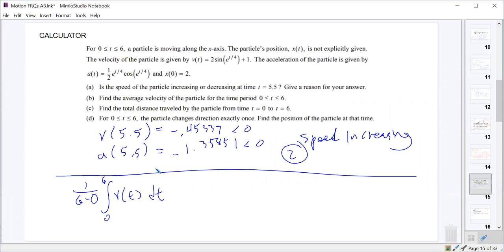Since you've got a calculator, you just plug it all in, and that should come out to be 1.949. 1 point for the correct integral setup, regardless of whether you got the 1 over 6 in front. 1 point for the final answer, which you wouldn't have got without having the 1 over 6. Good there with B?